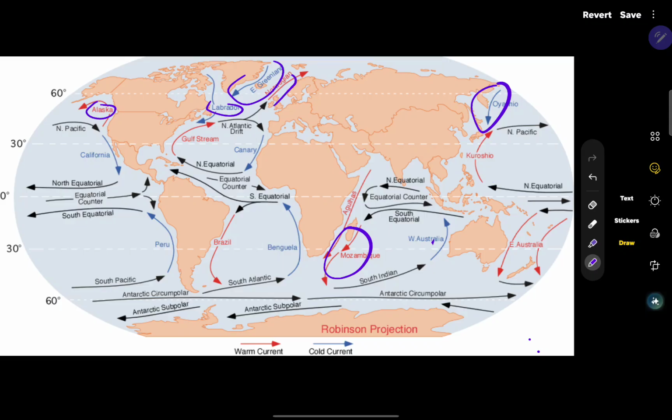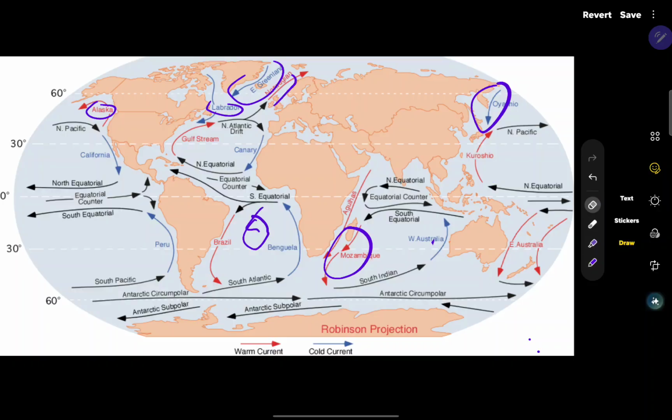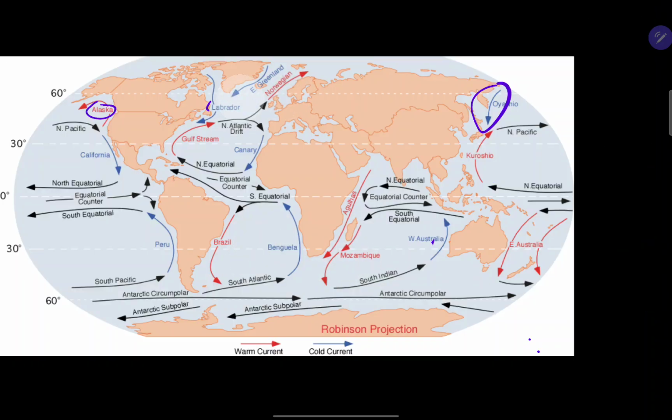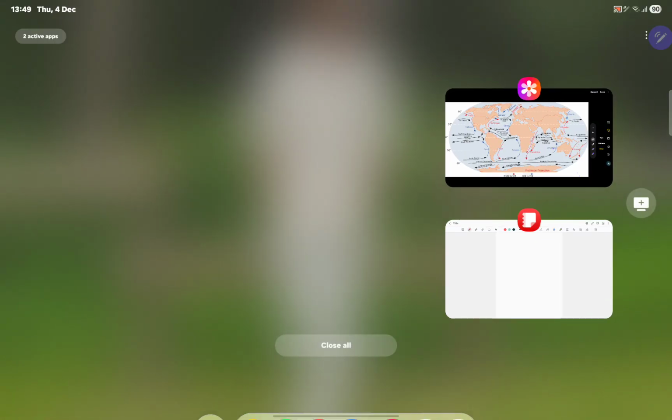You see only 1, 2, 3, 4, 5. Only 5 currents are extra. All the other currents follow the same pattern which I have told you about. Okay, so let's go to the diagram page and I will show you how to make a diagram, and I hope it will be easy.